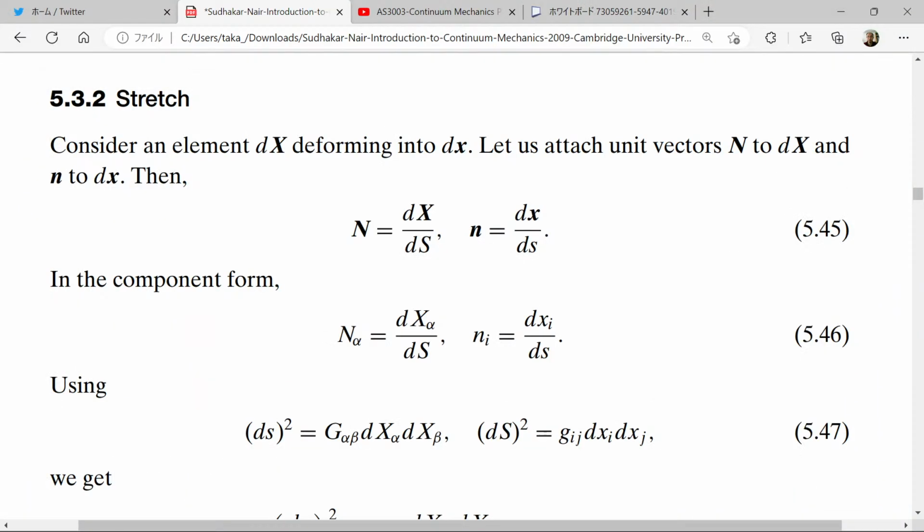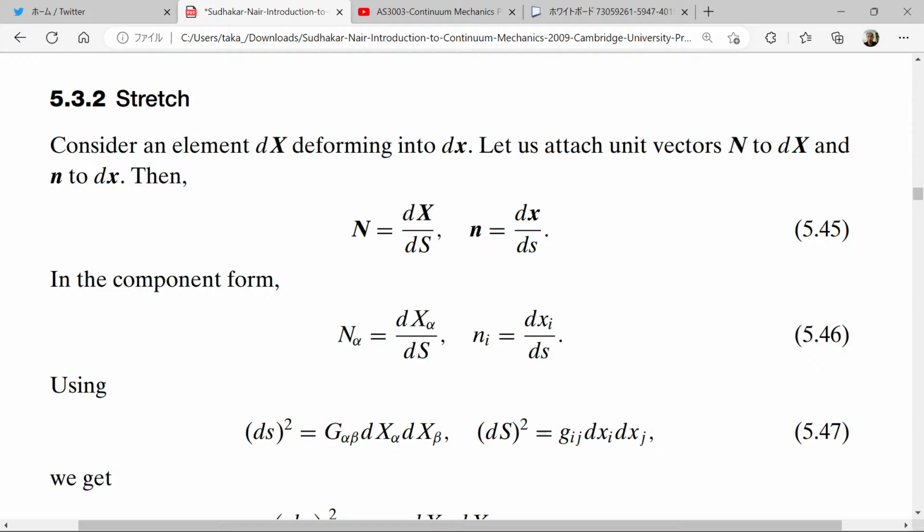Consider an element dX deforming into small dx. Let us attach a unit vector large N to dX and a small unit vector n to dx. Then it's okay, right?